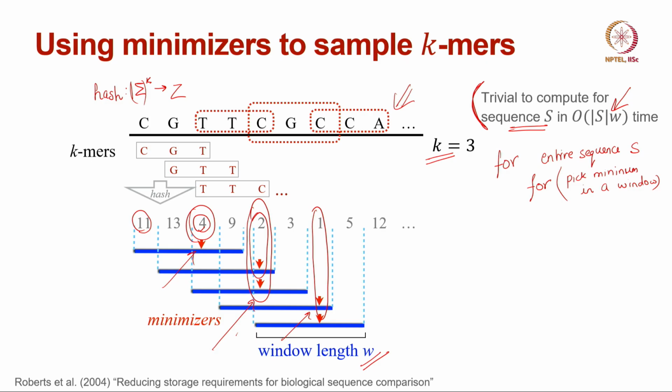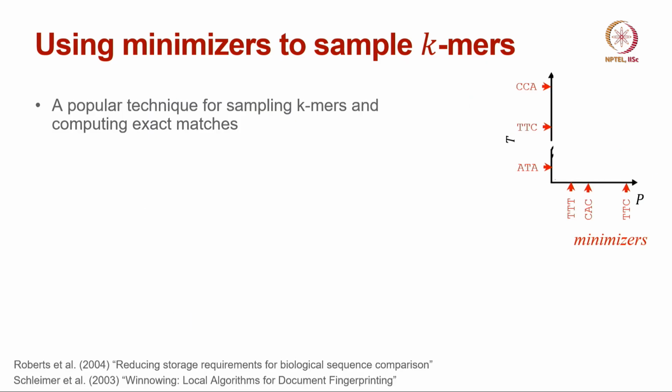Now let us understand why this technique is useful. The reason is that we can sample k-mers from both text and pattern, and once we have sampled k-mers from both, we can then look at the matches between the minimizers only.